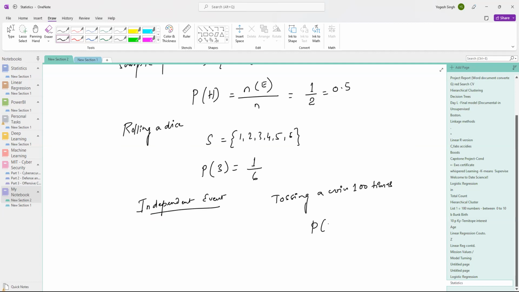What is the probability you get a head in the 100th time? क्या होना चाहिए? बताओ. 100/2.